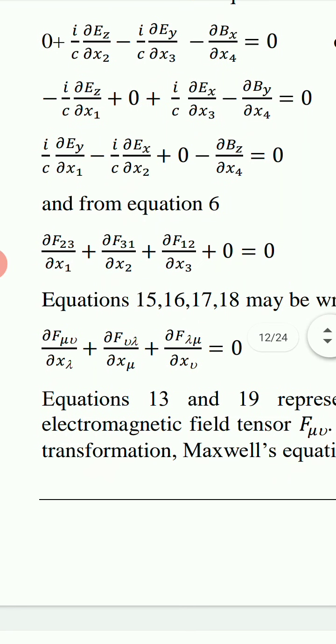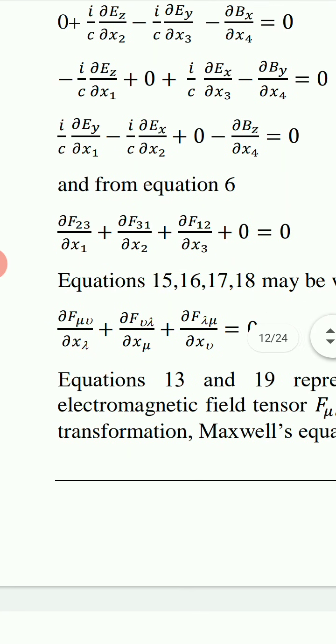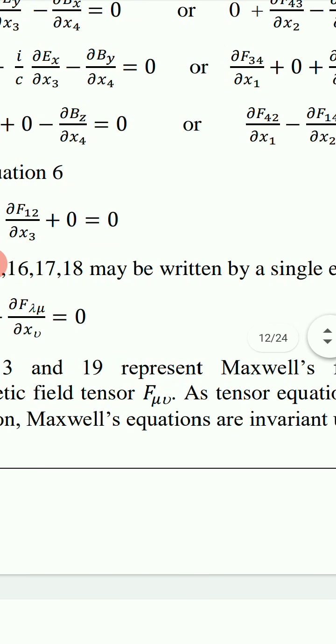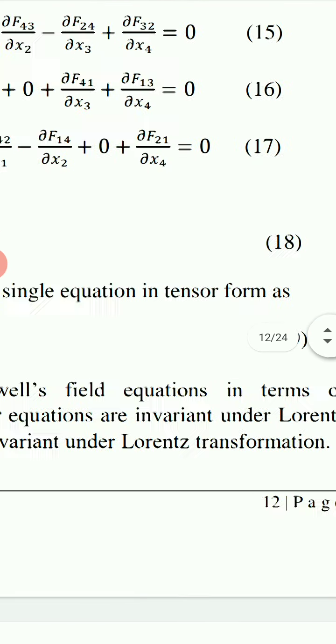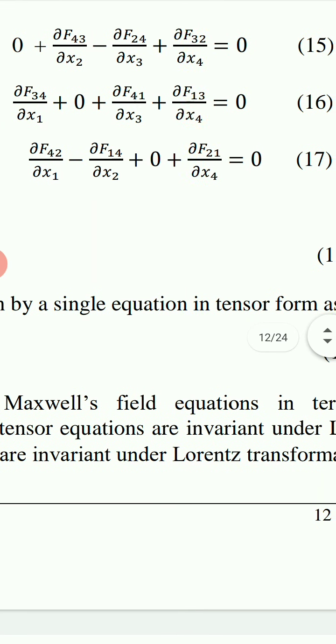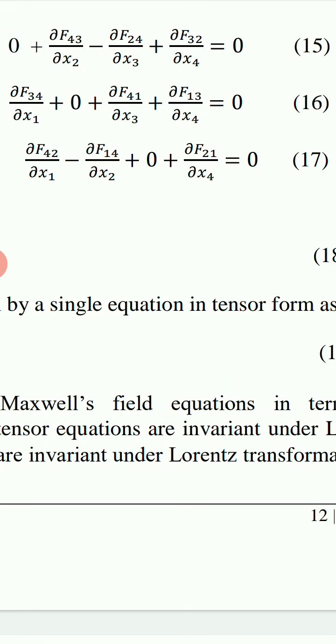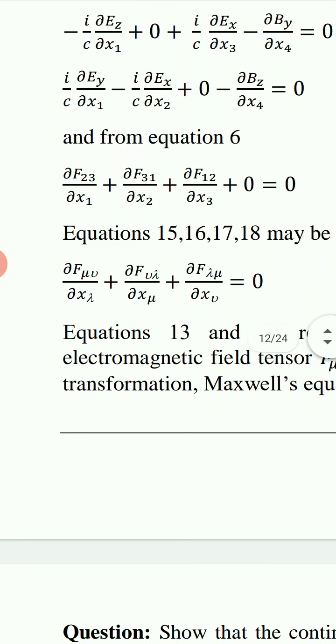And from equation 6 we have delta F23 upon delta x1 plus delta F31 upon delta x2 plus delta F12 upon delta x3 plus 0 equal to 0. These are the three equations 15, 16, 17, and this is equation 18.